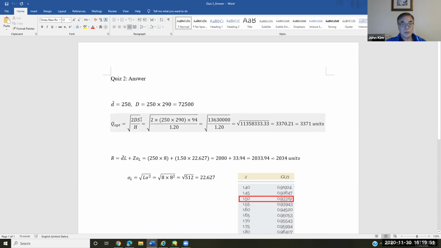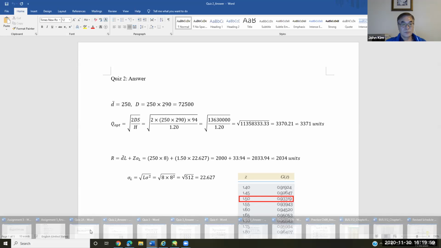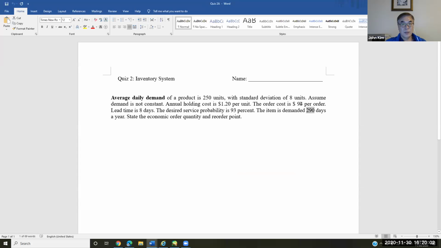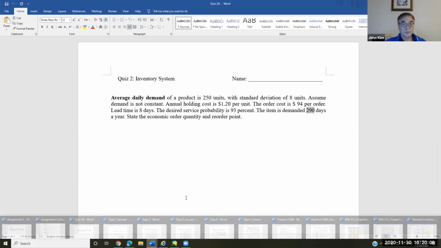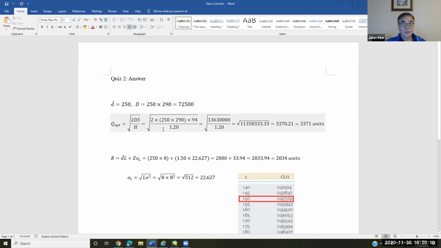And then S is the ordering cost, given 94. Here $94 order cost, and then divided by inventory carrying cost 1.2. This one is also given. So by calculation, 3,370.21. After the decimal point, this is not 0.21.